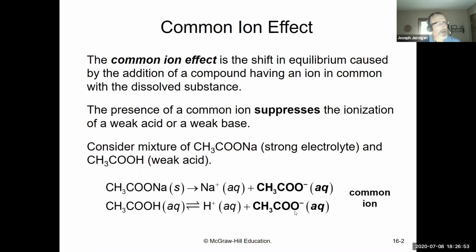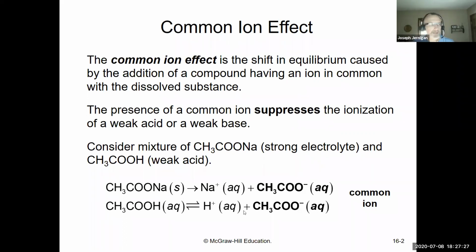However, when you add a common ion, in other words, when we add acetate via sodium acetate, the effect of this, again via Le Chatelier's principle, is that the added acetate is going to shift the equilibrium from the right back to the left, to rebalance the K sub A, the equilibrium constant, because the equilibrium constant at a given temperature is a constant, right?